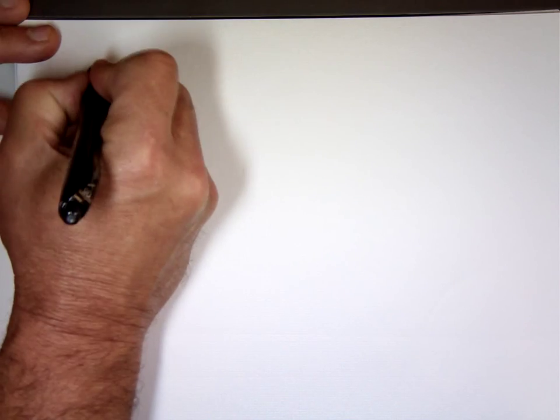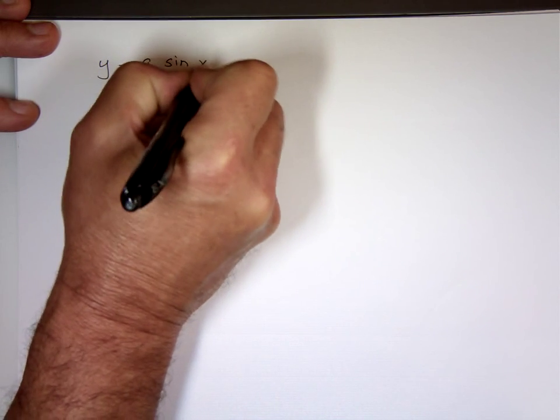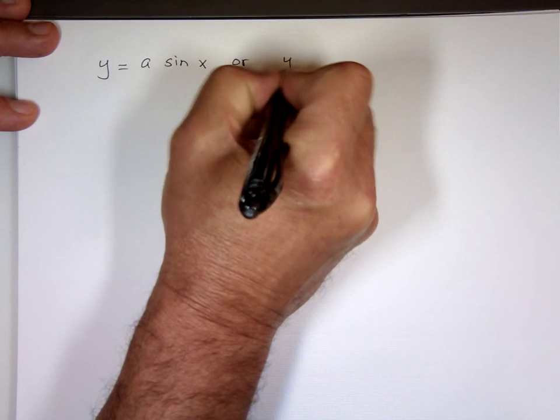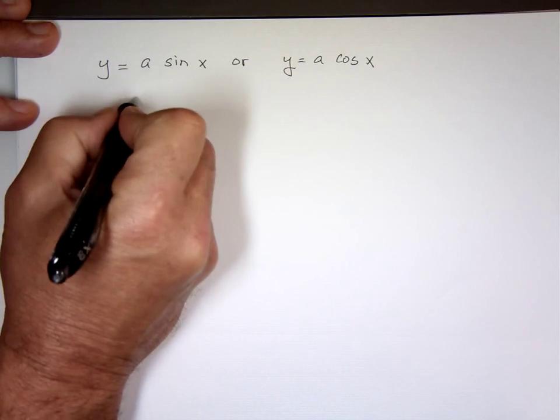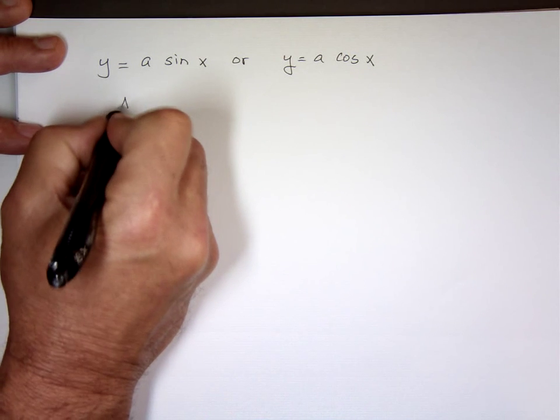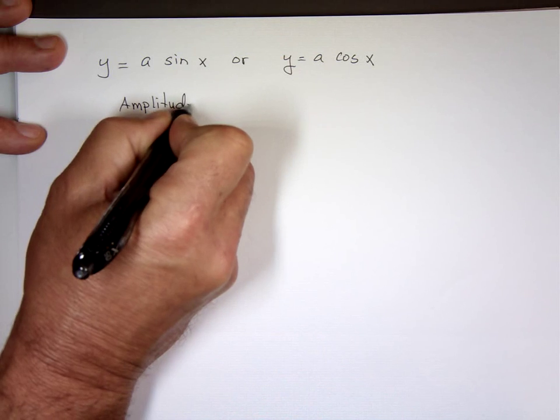So if you have y equals a sine of x, or y equals a cosine of x. As I said earlier, a is the amplitude. Amplitude is the absolute value of a.